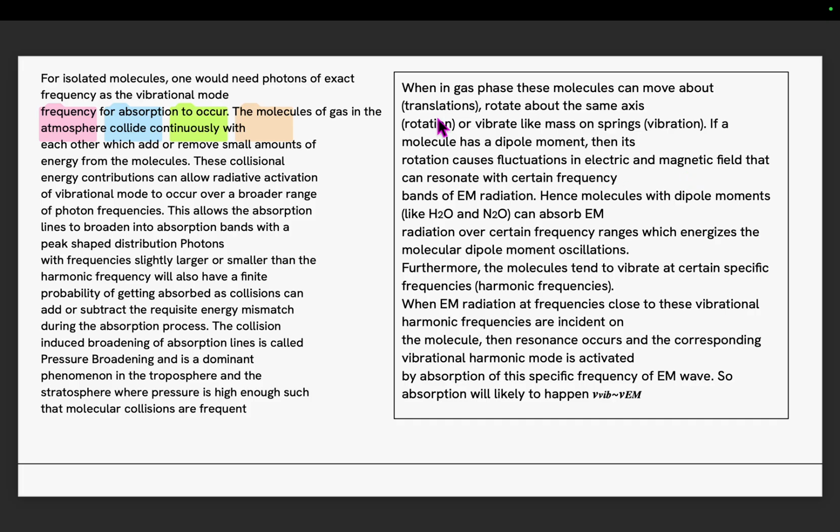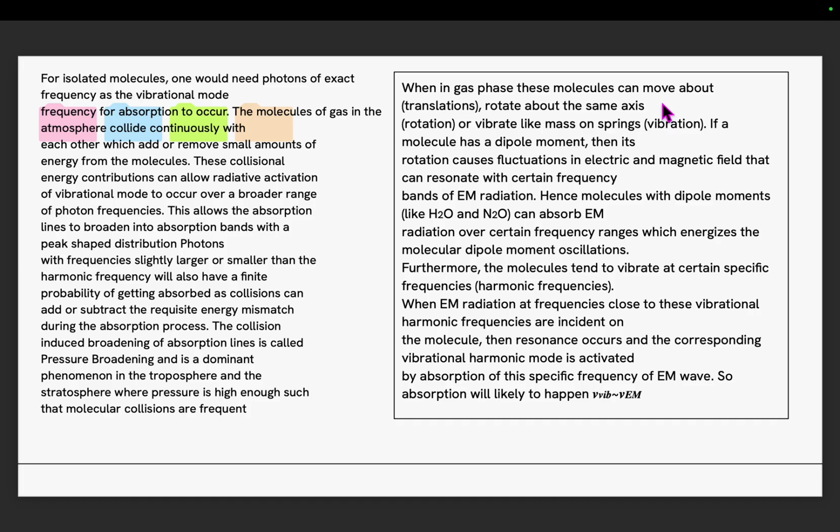Molecules in the gas phase move, which is called translation, and rotate about an axis, which is called rotation, and can vibrate like masses on a spring, known as vibration.